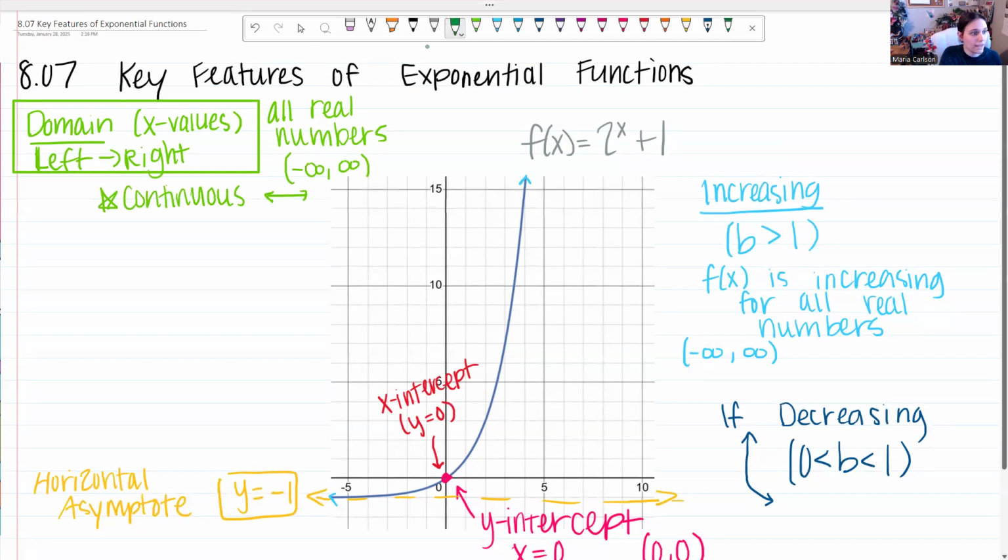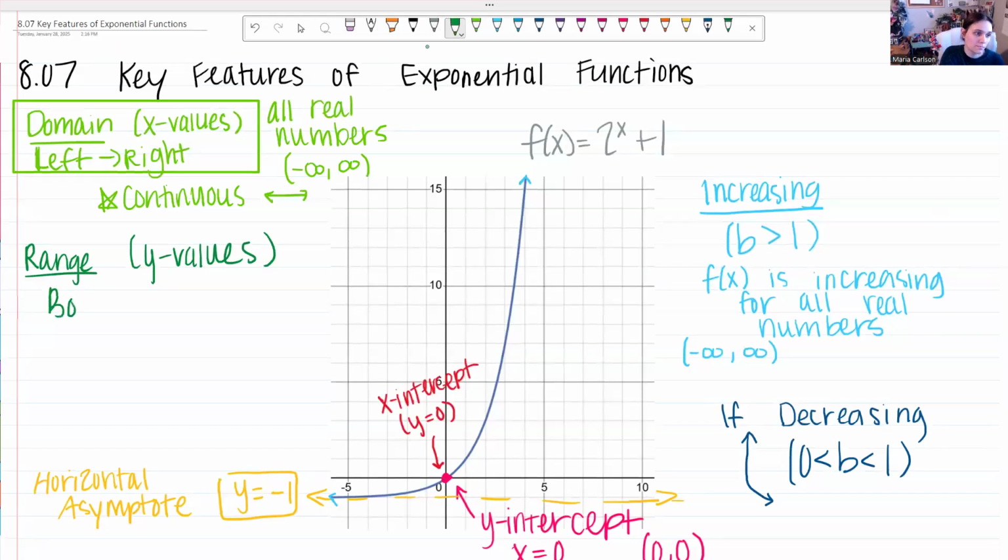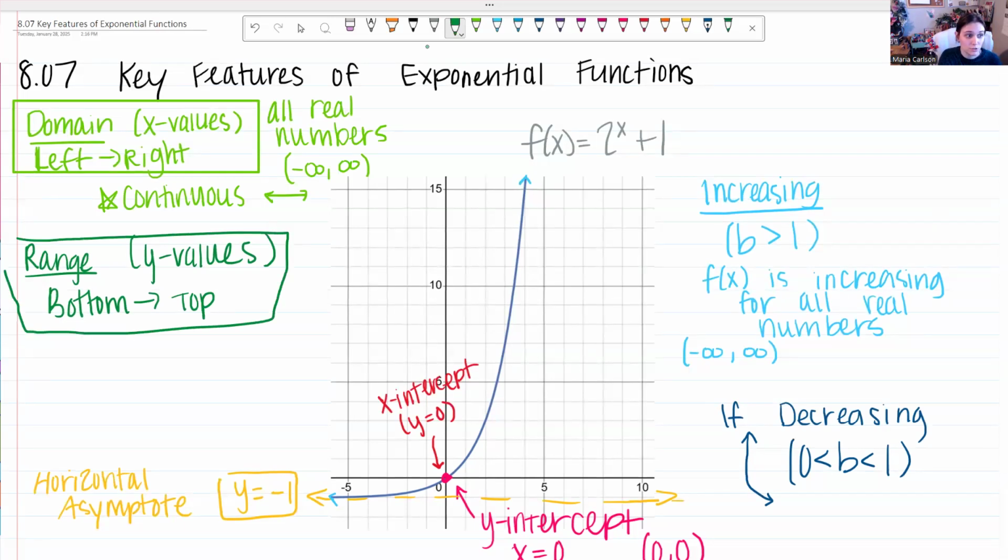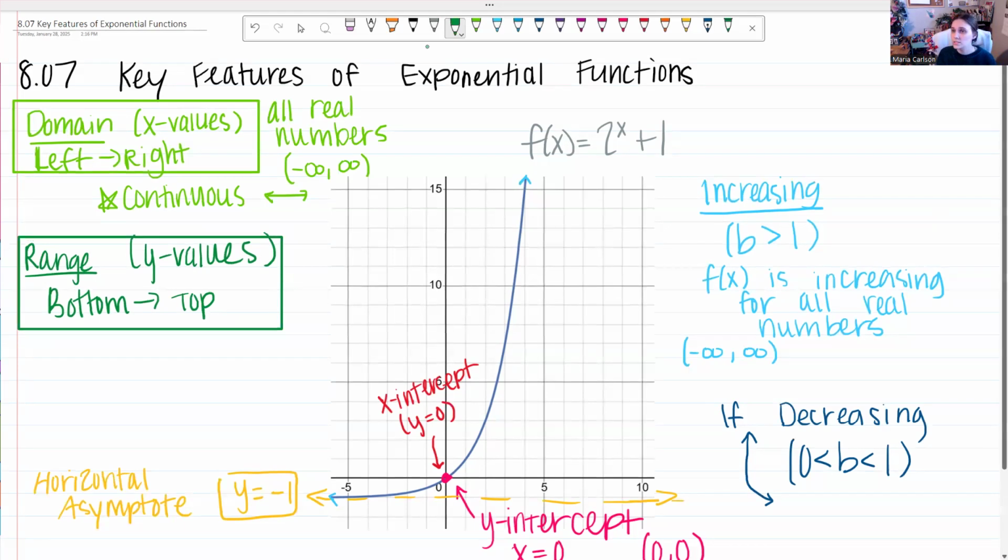All right, the range is all y values, and that is from bottom to top. If I'm looking at the graph of an exponential, there is usually either a lowest value or a highest value that the graph is approaching.